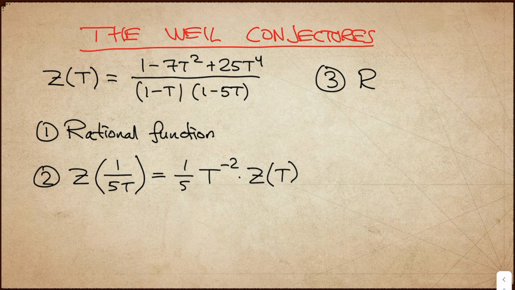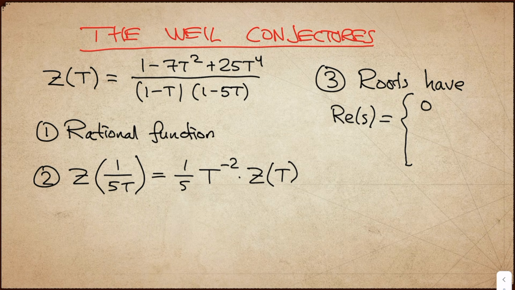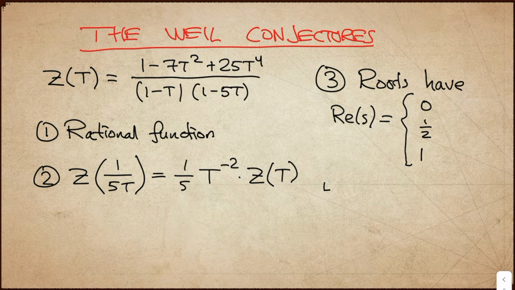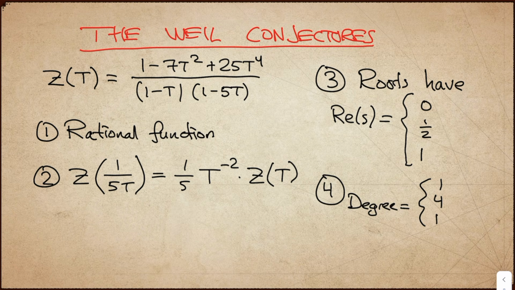Point 3, the real parts of the roots s are 0 and 1/2 and 1, when we substitute 5 to the minus s for the variable t. This is the local Riemann hypothesis, and it is the third Weil conjecture. Finally, point 4. The degrees of these polynomials are 1, 4, and 1.